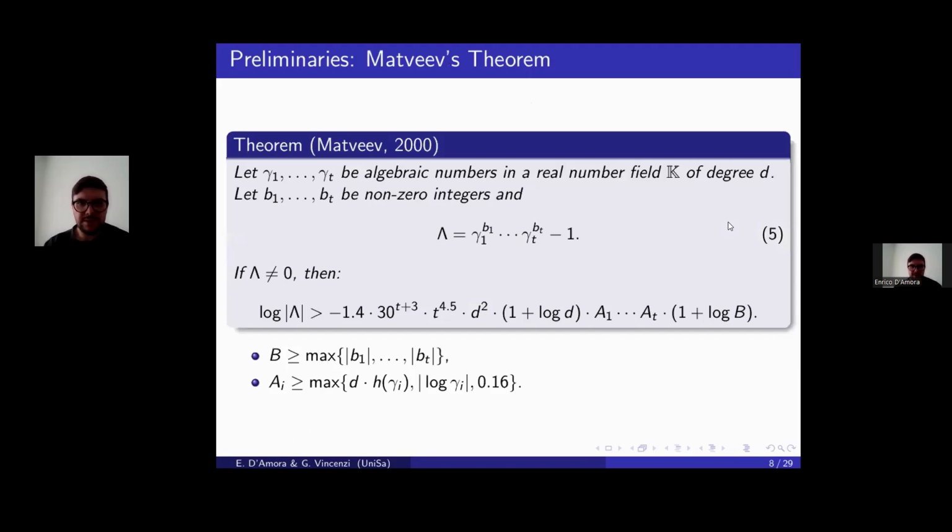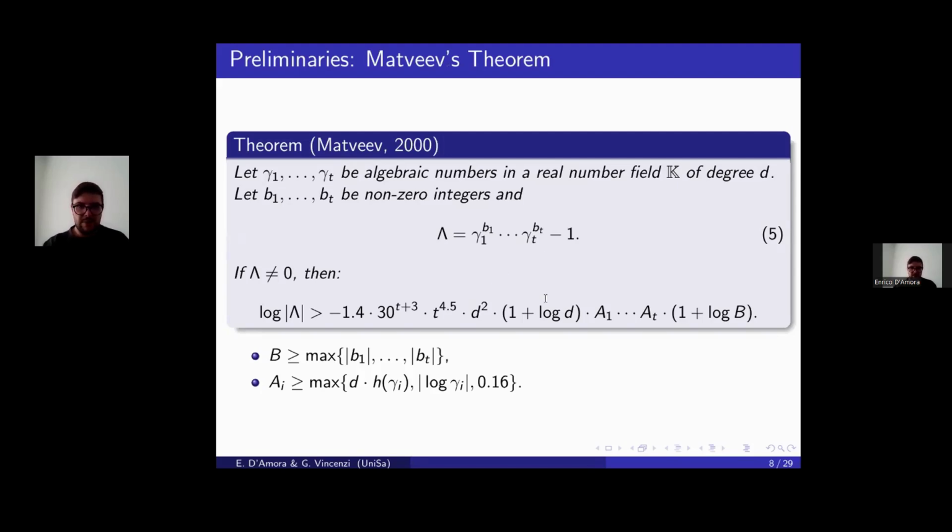The most important theorem we will use is Matveev's theorem, in which we have a number lambda as the product of powers of algebraic numbers, minus 1, in equation 5. The theorem states that if lambda is different from 0, we have a lower bound on the log of lambda.